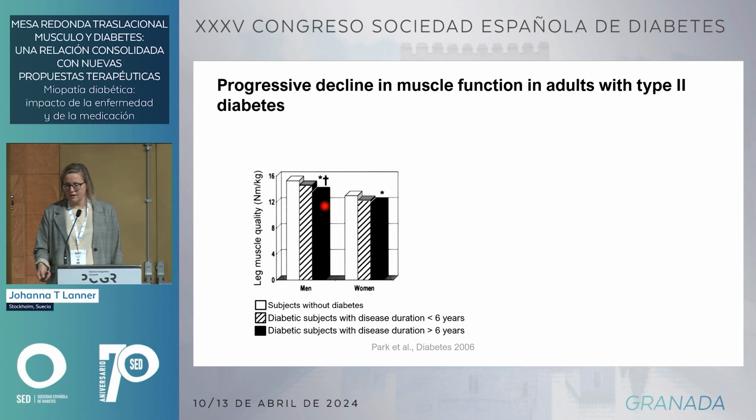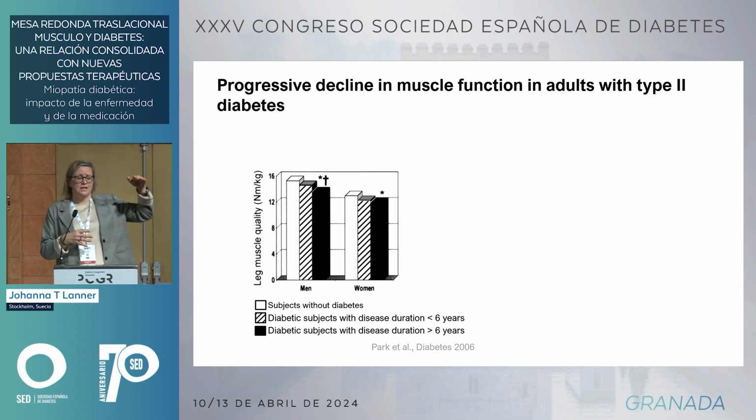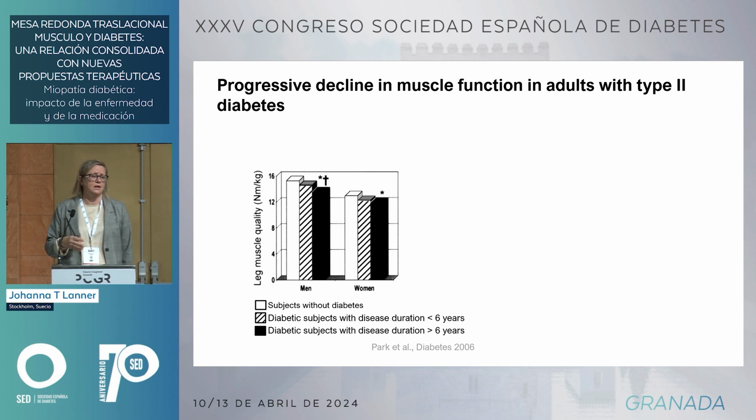This black bar is if you have had the disease more than 6 years, and the striped one is if you had the disease less than 6 years. You see a trend or a correlation that the longer you had the disease, the poorer your muscle function. You might think this is not much, like an 8 to 10% decrease in force. But that's quite a lot. If you would be 10% weaker all the time, your life will be much harder, just to walk to the bus or carry your groceries back from the store.